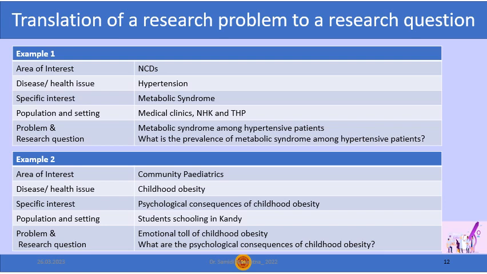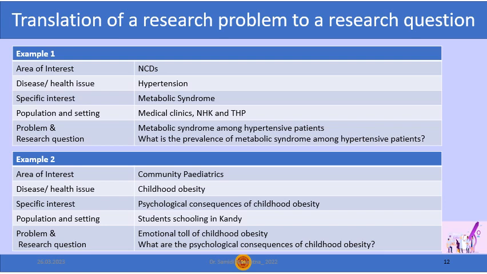So the population and setting may be the medical clinics at the National Hospital Kandy and Teaching Hospital Peradeniya. Then your problem would be metabolic syndrome among hypertensive patients, and the research question can be, what is the prevalence of metabolic syndrome among hypertensive patients.